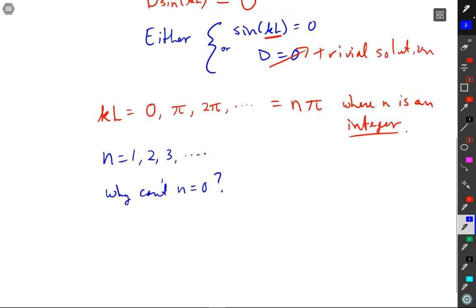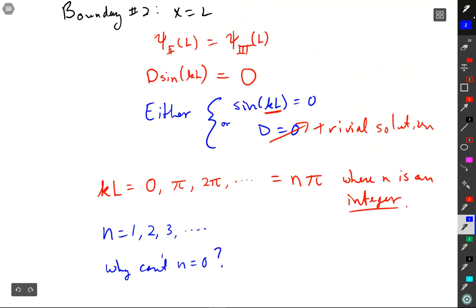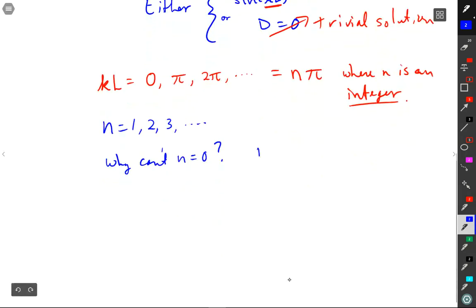If n is 0, then that means, of course, k is 0, which means sine of kx is always equal to 0, which means I have the trivial solution again. For me to actually have a particle, I can't have n equals 0 because that would say no particle.